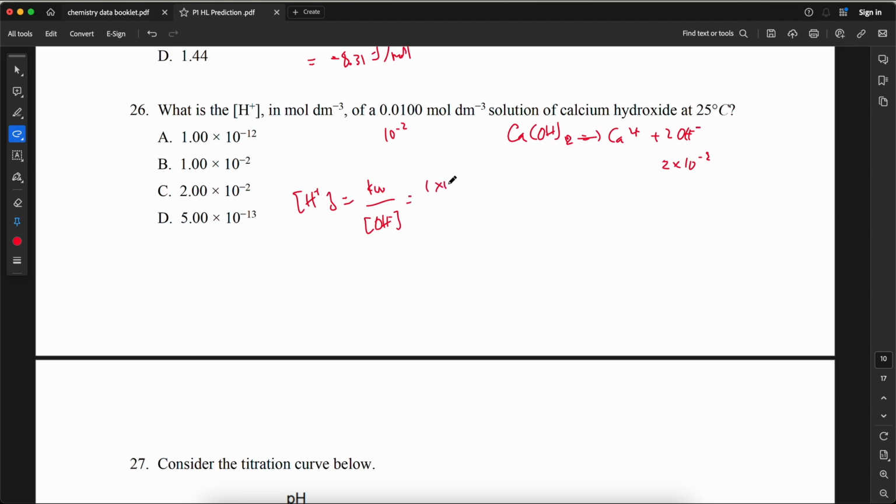So 1 times 10 to the power negative 14 divided by 2 times 10 to the power negative 2. Let's do this so it's easier. So you will get 5 times 10 to the power negative 13. So the answer would be D.